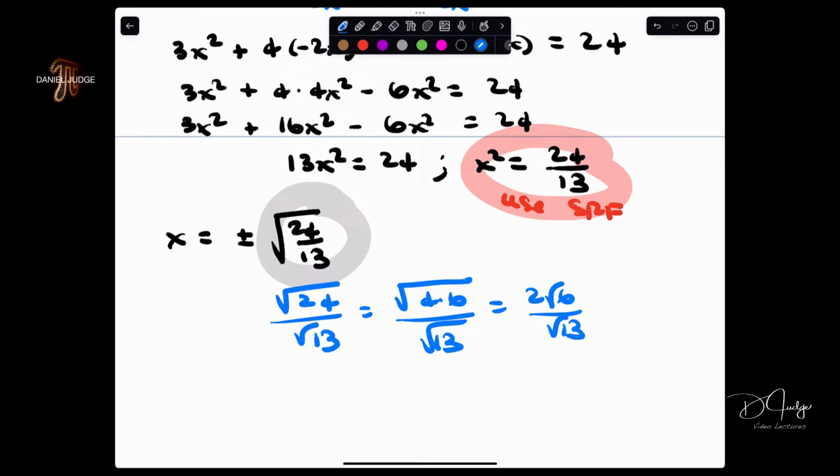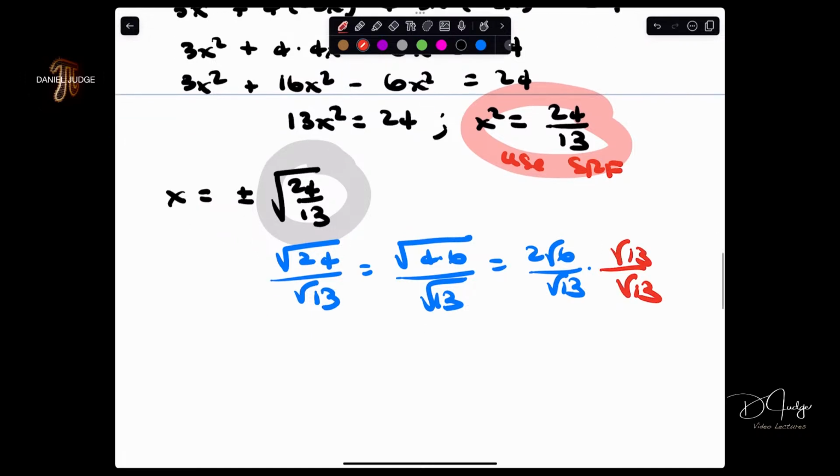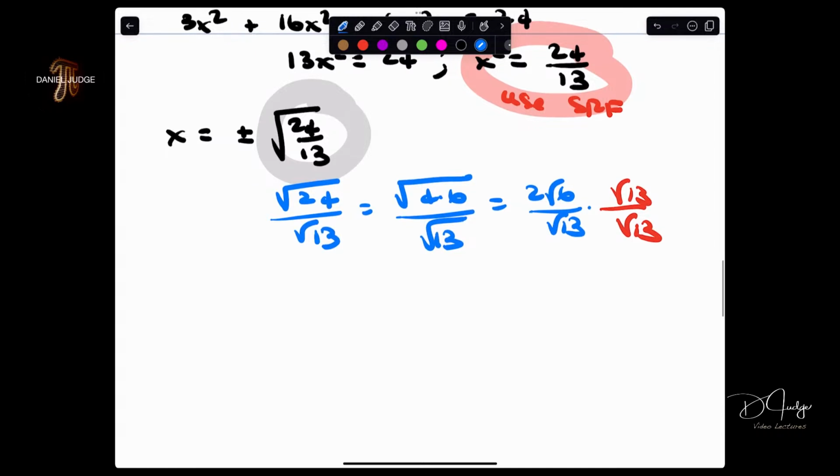If you rationalize the denominator, which is what you want to do, you're going to end up with x being plus or minus 2 square root of 6 times square root of 13. That's the product rule. So 6 times 13 is 78, the square root of 78. Is that right? Let's see. Yeah.